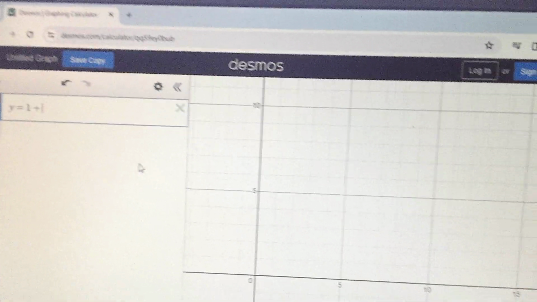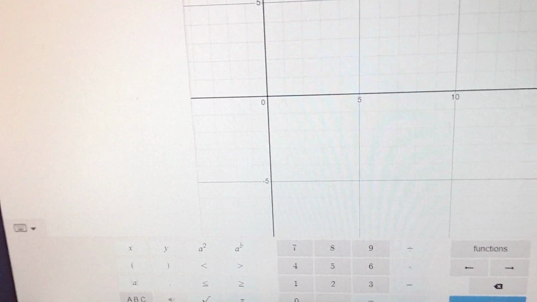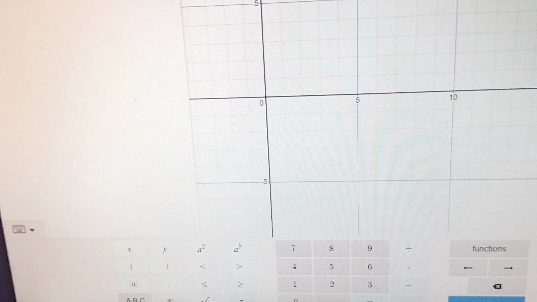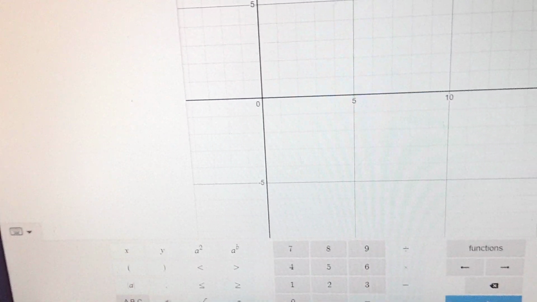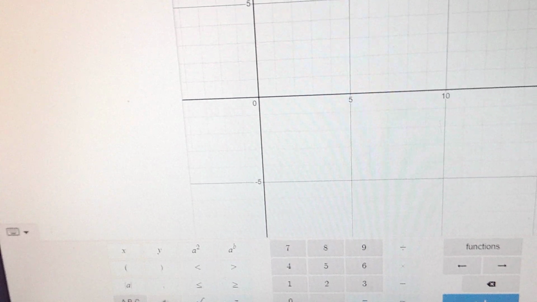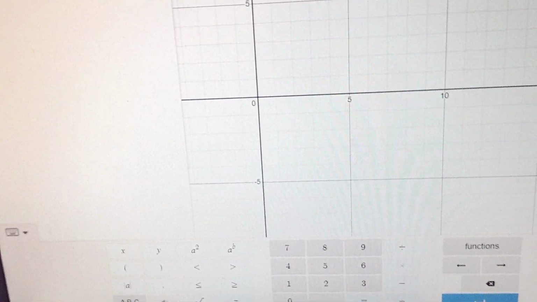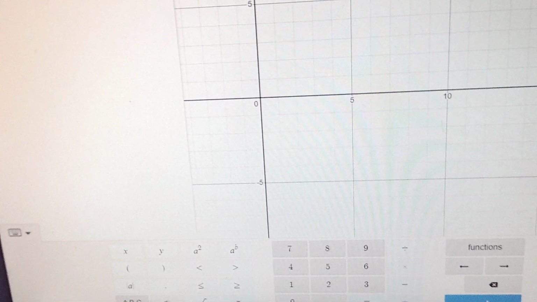We have to go down to the bottom. And again, on this keyboard thing, if I click on it, I get the square root, and then I've got to do 4 minus 2x.